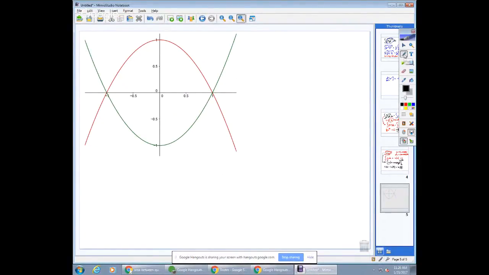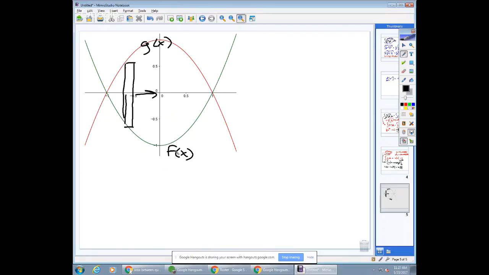So I want to find the area here, and if you think again about sums, which is where an integral comes from, we've got a bunch of rectangles that we're going to span across here. And the height of any one of these rectangles, the red curve is g of x. That was my 1 minus x squared. The green curve is f of x. That was x squared minus 1.